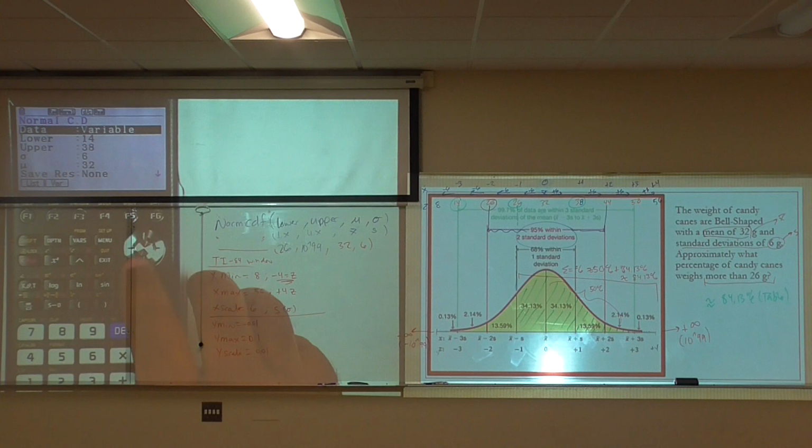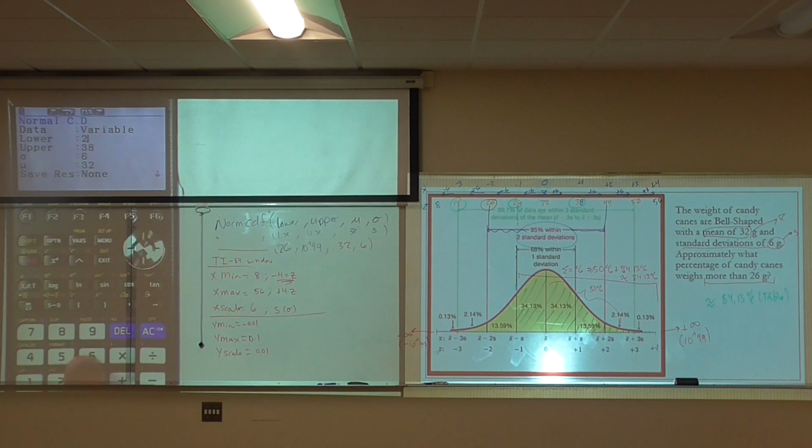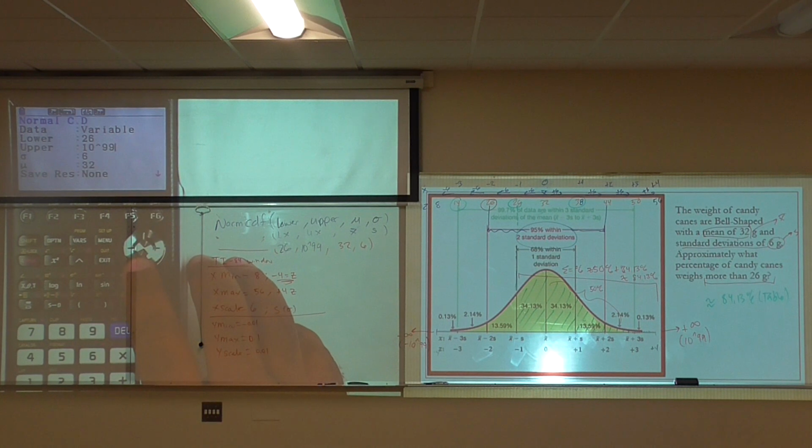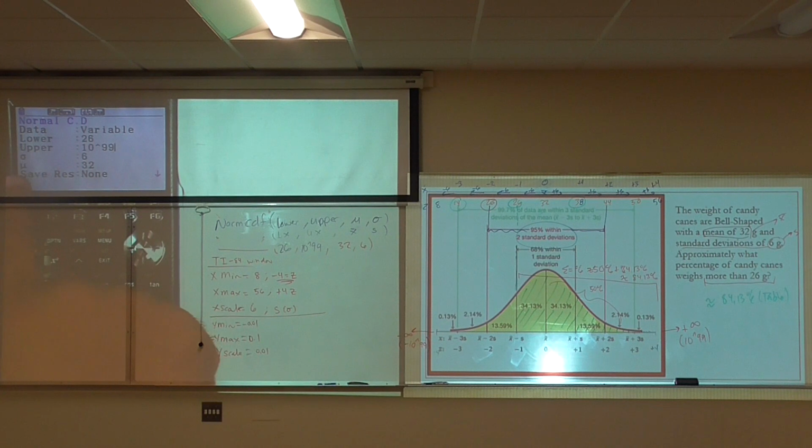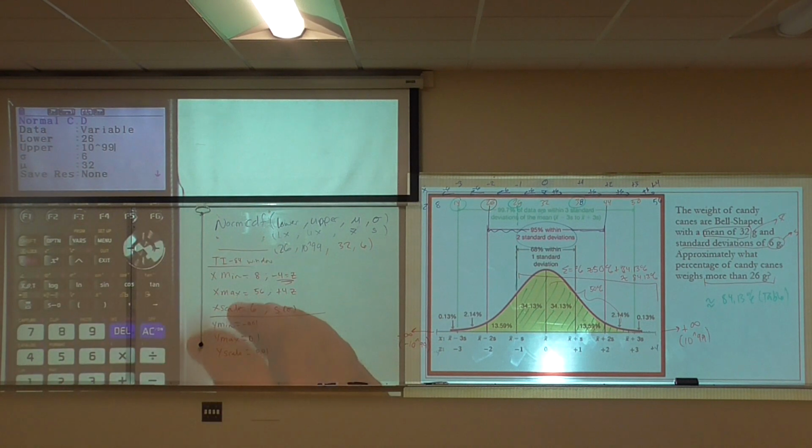So here we go. Lower limit is supposed to be 26. Upper limit is supposed to be 10, where's the caret at? Caret to 99. You guys put this in your calculator. This guy's not changed for us, but put your information in. Mean 32, standard deviation 6.